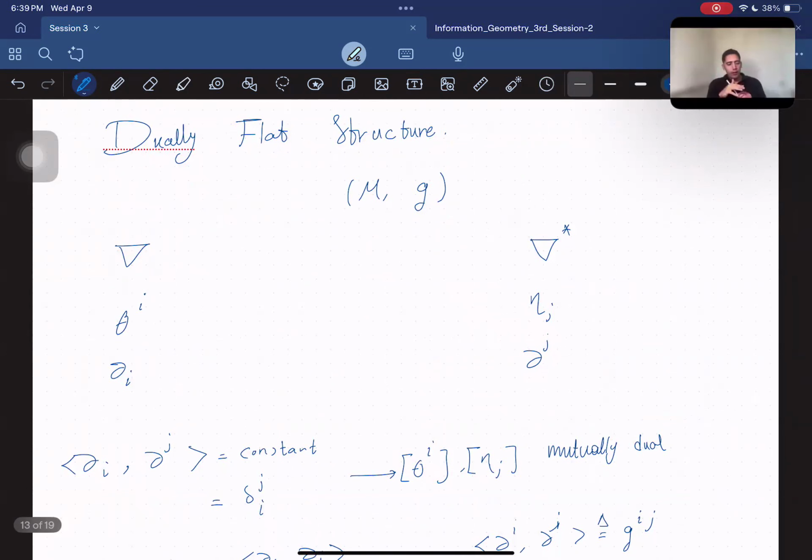Now, in the remaining of this session, we would try to do the magic of connecting all these things together. Okay. We already defined Riemannian geometry on the space of all distributions to be dually flat.